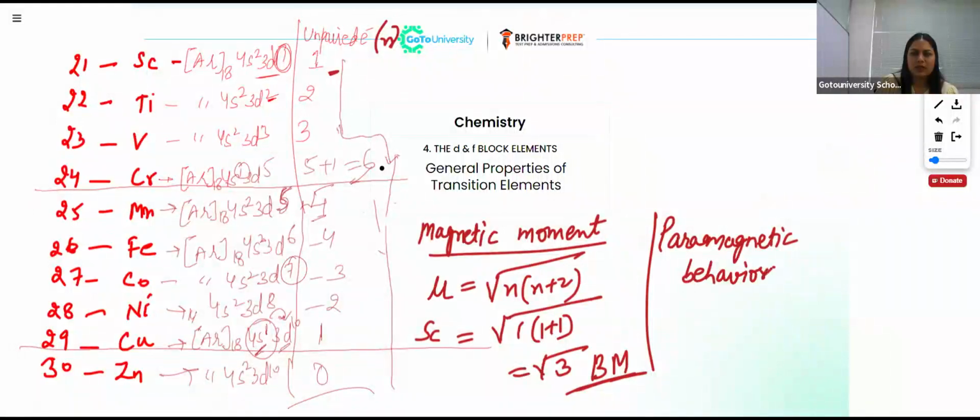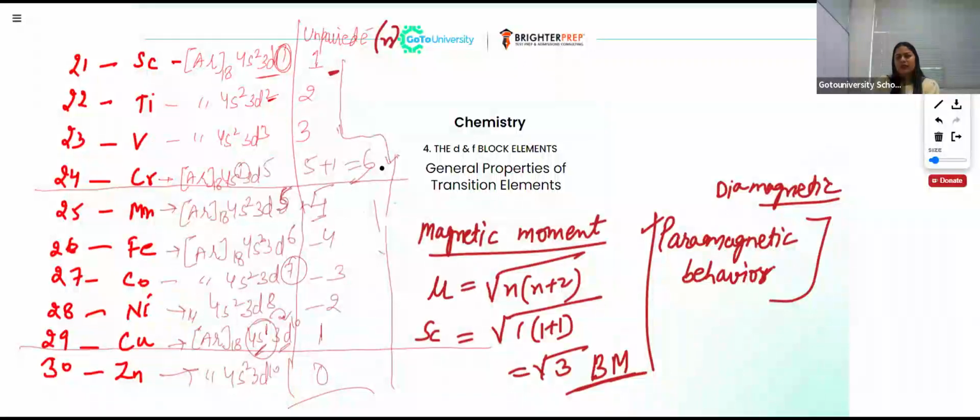All right. There are two types of magnetic behavior, paramagnetic and diamagnetic. How can we say that an element is showing diamagnetic behavior? An element having unpaired electrons will show paramagnetic behavior.